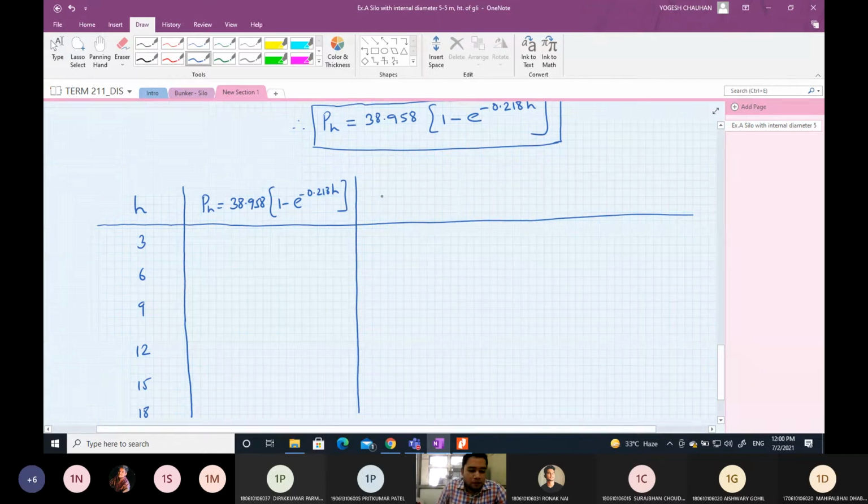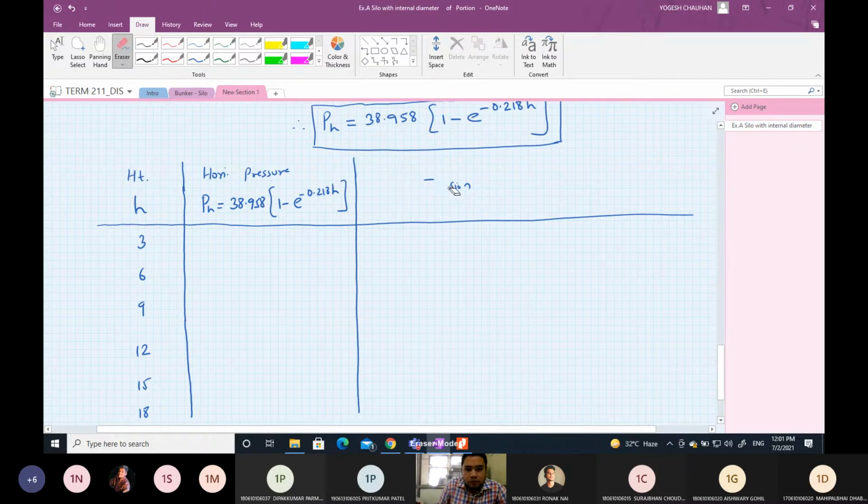Now from this you can also find the hook tension T from the pressure. This is the horizontal pressure, and this is height.